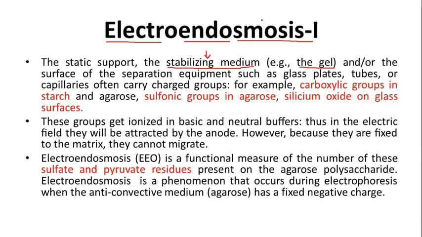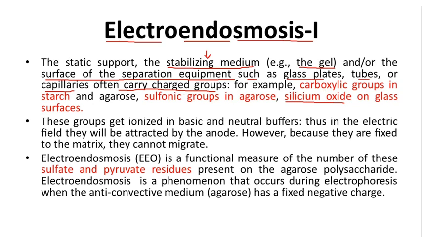The first part of electroendosmosis occurs in the gel as well as on the surface of the separation equipment, such as glass plates, tubes, capillary tubes, or other apparatus we use in electrophoresis. Those surfaces contain some functional groups. For example, glass contains silicon oxide.